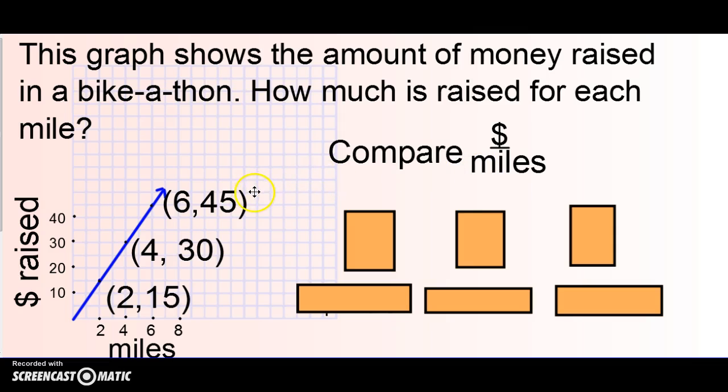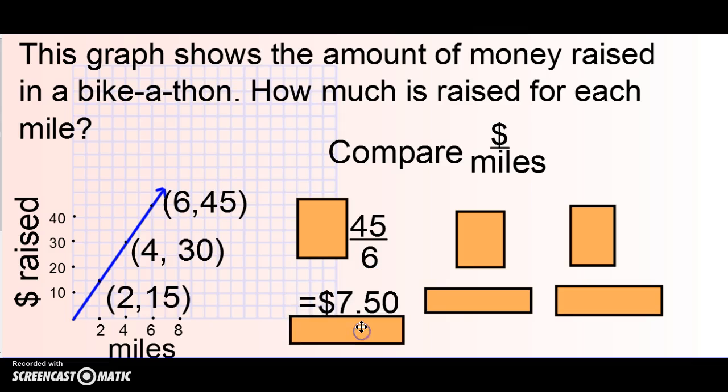So notice for the first one, if they've gone 6 miles, they've raised $45. So we would create a ratio, and the ratio would be $45 for 6 miles. And if you figure that out per mile, that's $7.50 per mile.